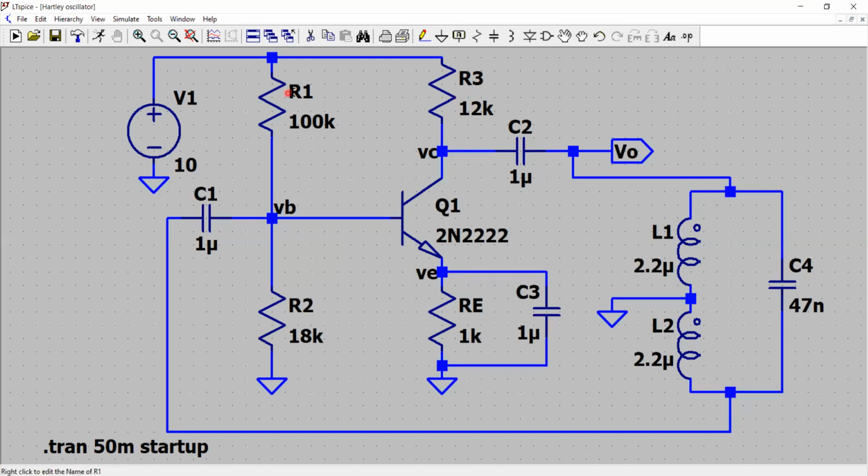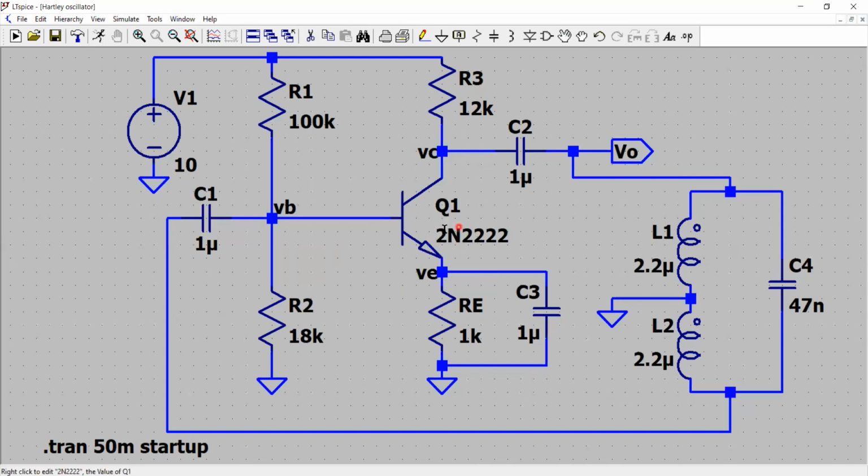These two resistors provide the DC bias to the circuit to set the operating point. I want to use this biasing in such a way that it gives the operating point in the middle of the DC load line, and therefore I can use it as a voltage amplifier or a current amplifier.